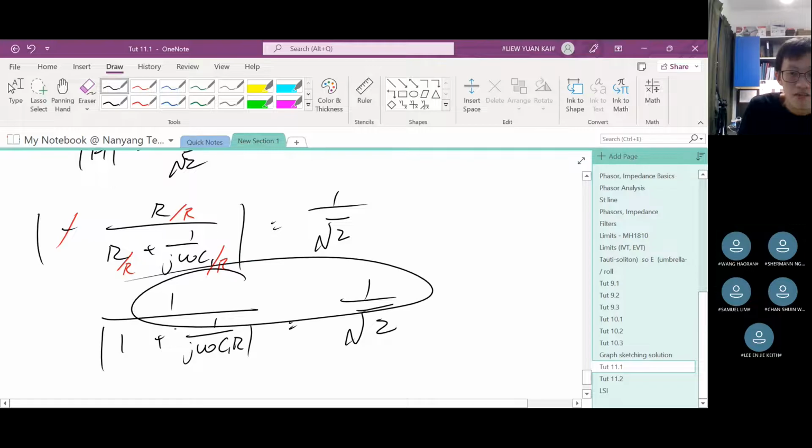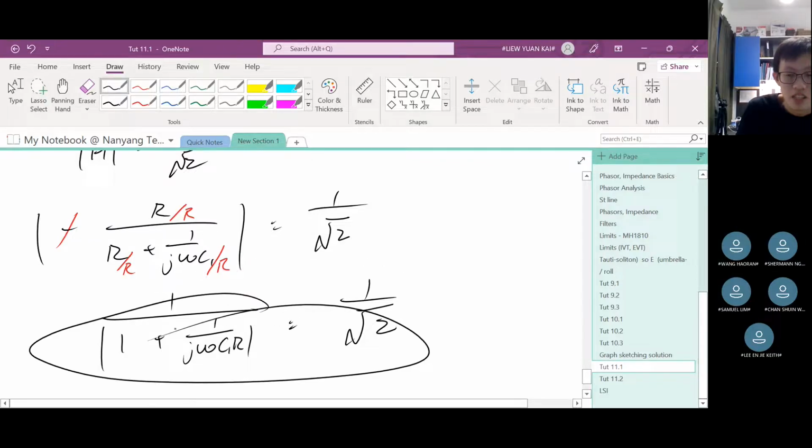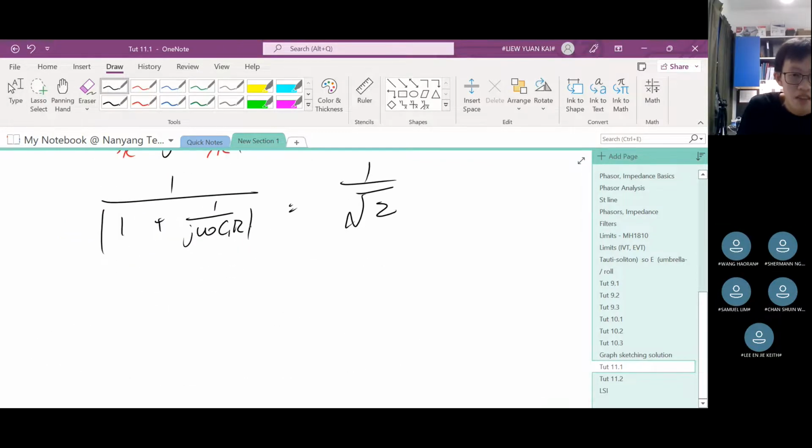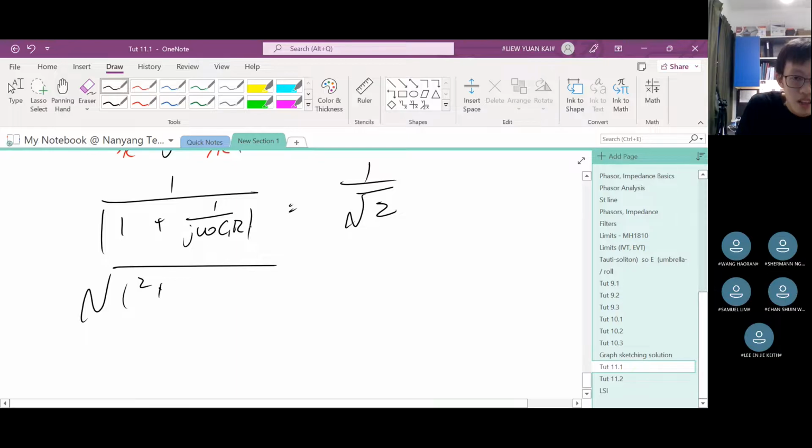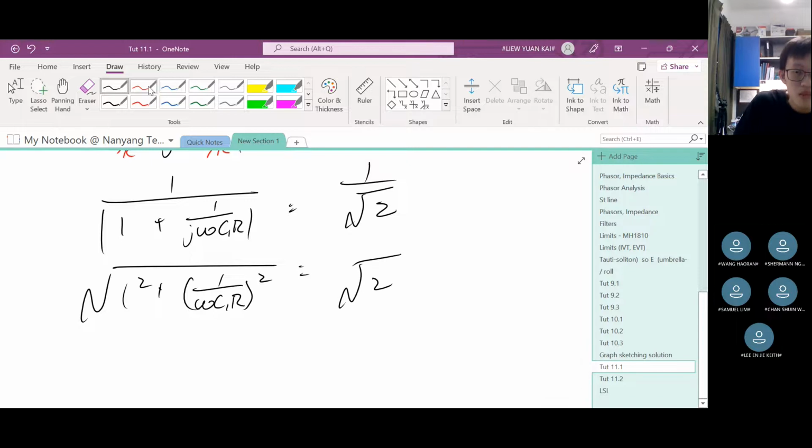Now that the tops are the same, the bottoms are the same. So equate the bottom: the modulus equals root 2. I'll skip that step and jump straight to the modulus: 1 squared plus 1 over omega C1 R squared equals root 2.